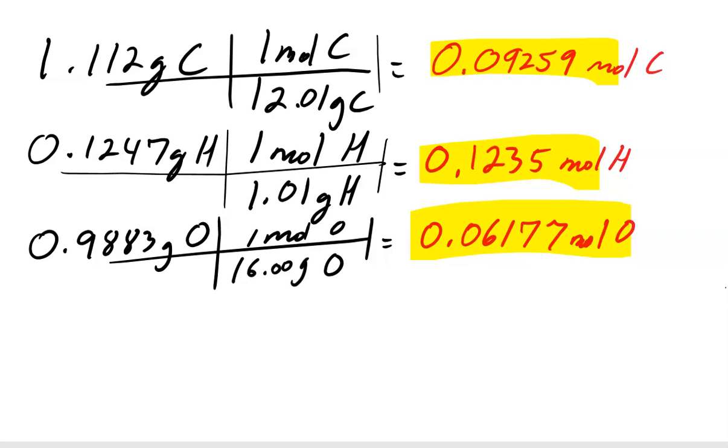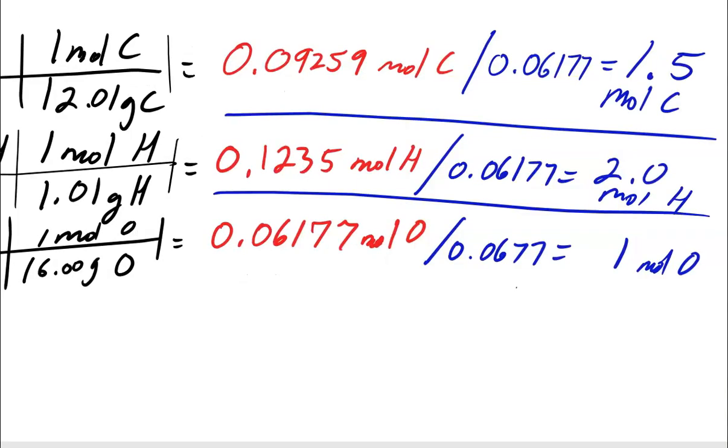So please do the third step, and that is divide each by the smallest one. That ensures that one of the answers is 1 and everything else is greater than 1. After doing our third step in blue, I have a 1.5 to 2.0 to 1.0 ratio.